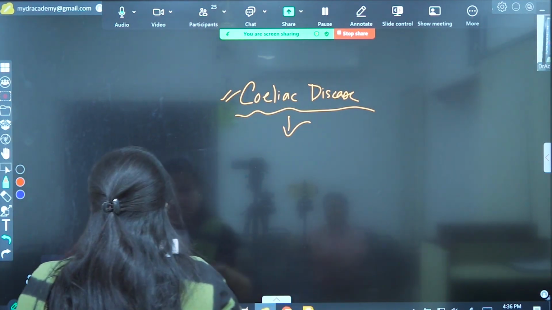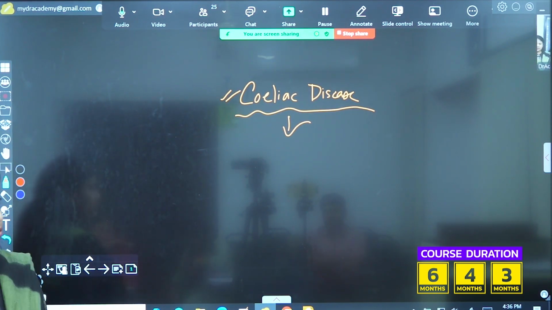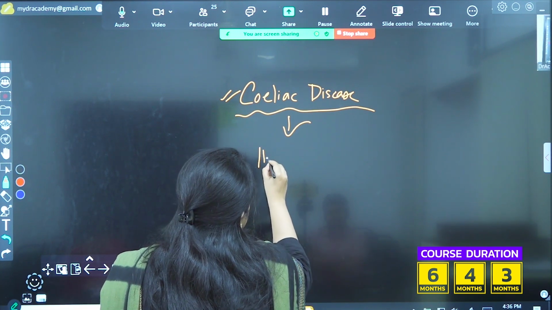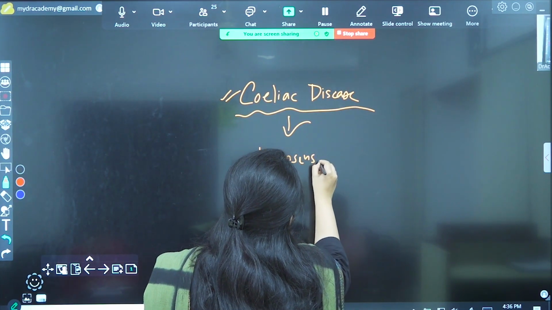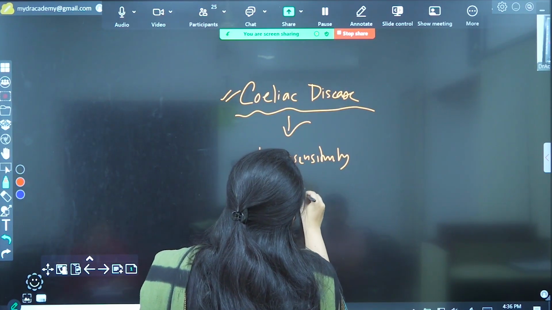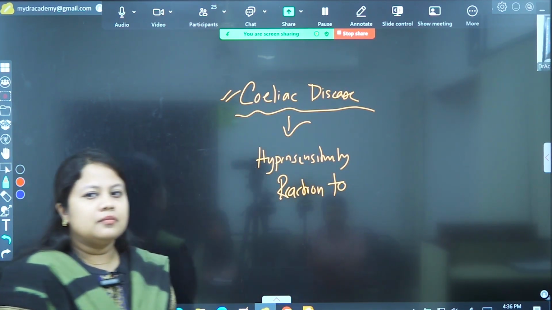So celiac disease is basically a type of hypersensitivity reaction. Okay, it's a type of hypersensitivity reaction to whom?